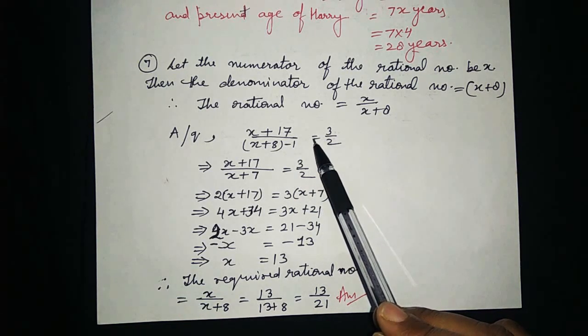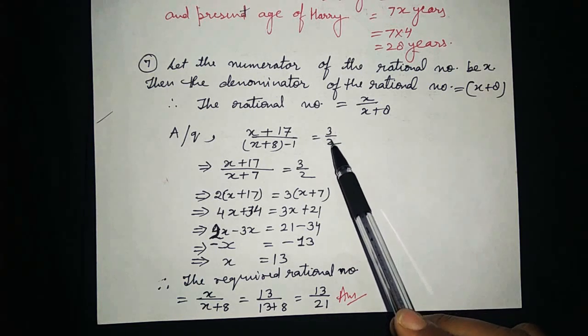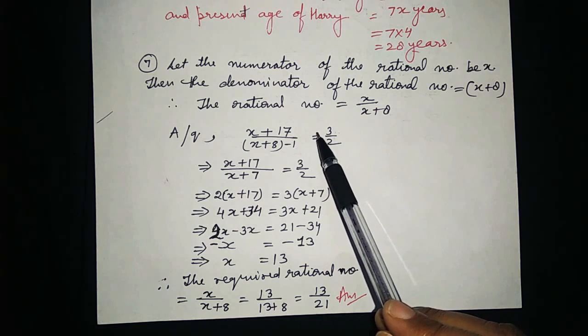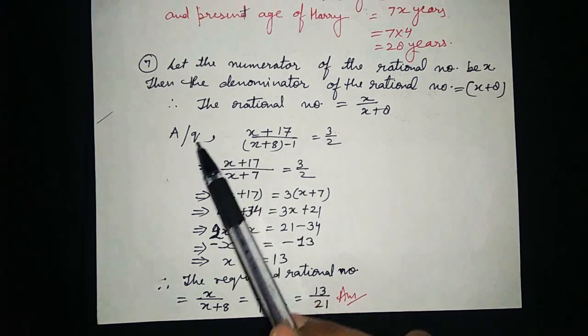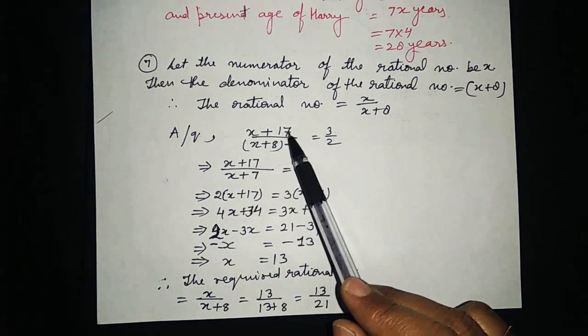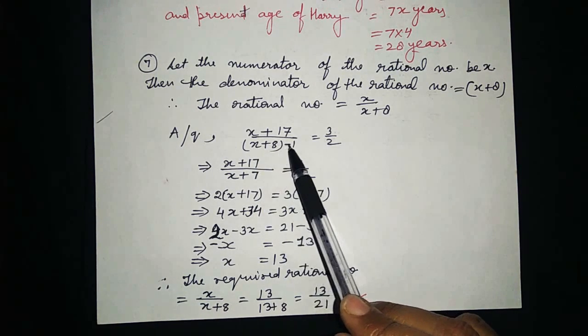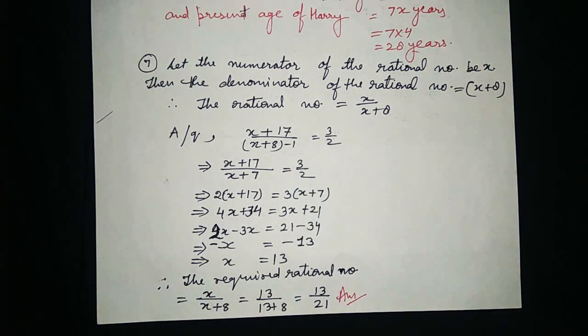The number obtained is 3 by 2, so I have written equals 3 by 2. Now you see the equation according to the question: (x plus 17) divided by (x plus 8 minus 1) is equal to 3 upon 2.